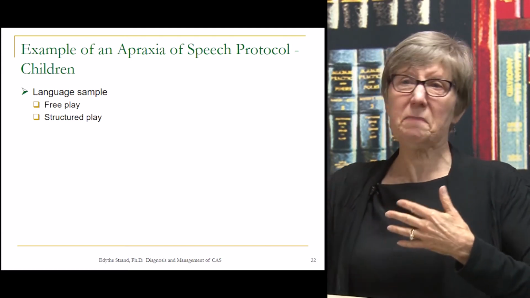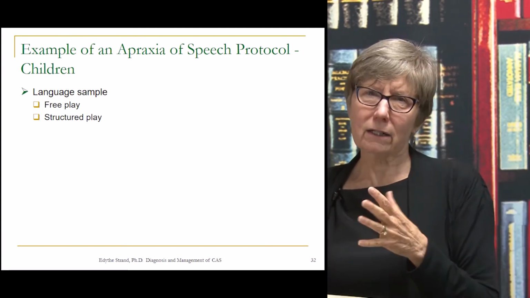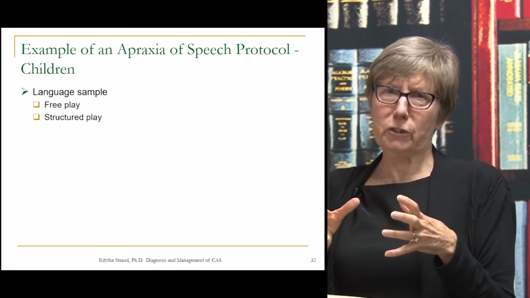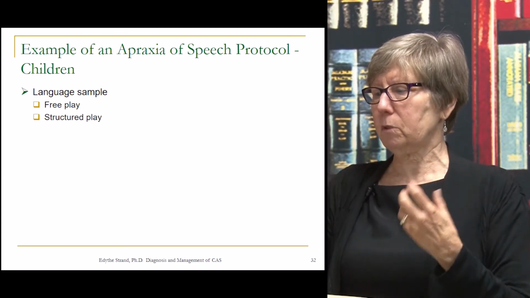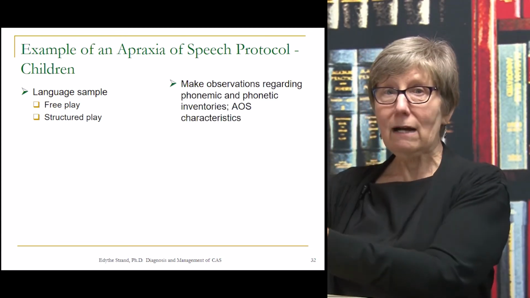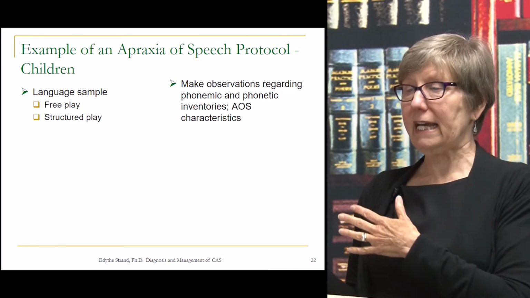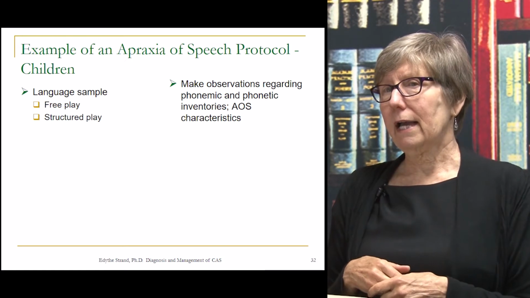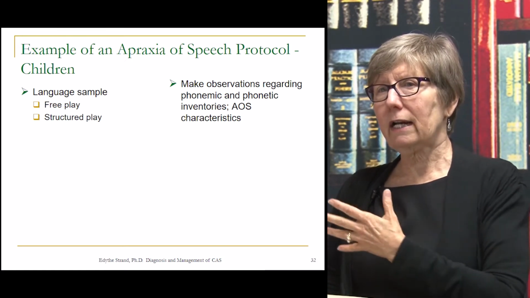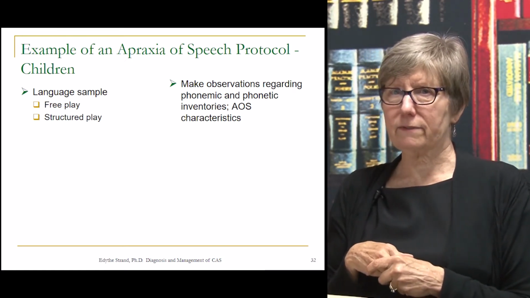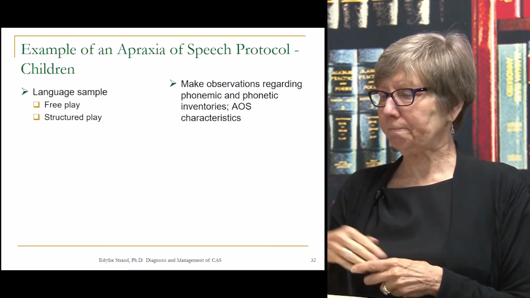So that would still be in a play format, but here I have items that I've picked particularly to try and elicit in a play format. This allows me then to make observations regarding phonemic and phonetic inventories and look and see whether or not I also notice any apraxia of speech characteristics.